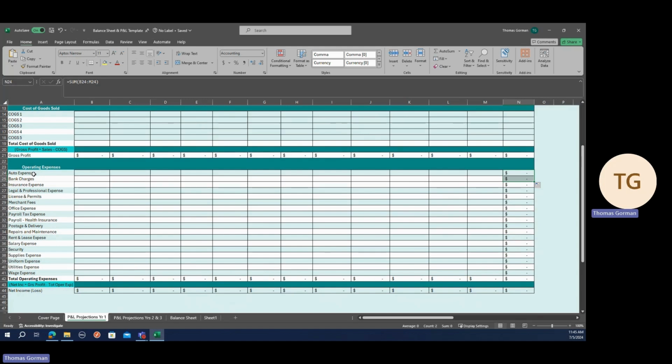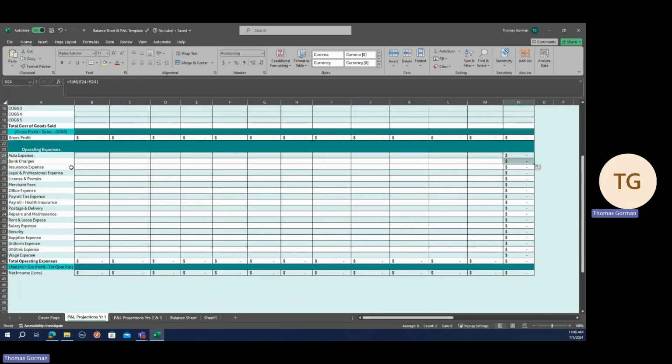You can have discussions with accountants that work with people in this field, business consultants, or you can just do some market research through industry associations or industry publications. But the first step is to figure out what type of operating expenses you're going to deal with on a monthly basis for your business.